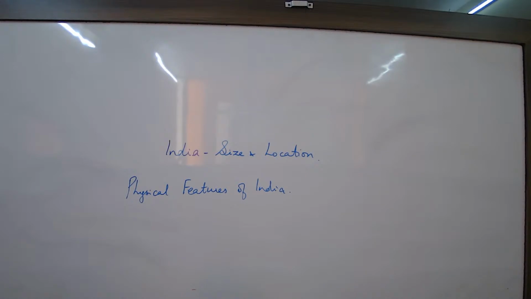So that is a doab. Do means two, ab is water. Similarly, Punjab is also made up of two words, panch, which means five, and ab, which means water. That is Beas and Satluj.